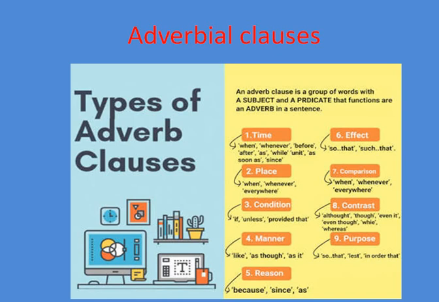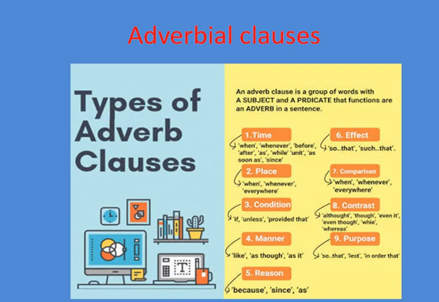If you're talking about place, you can use conjunctions like where, wherever, everywhere. In case of condition: if, unless, provided that. Okay. For manner, you can use conjunctions like as, as though, as if. To talk about reasons, you can use because, since, as. To tell about the effect, you can use so, that as a combination, and you can see so that is separated with an adjective there, such that.